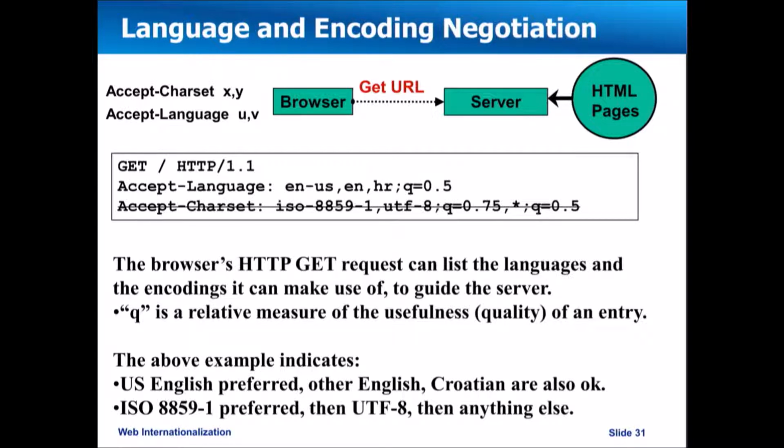That's this Accept-Charset statement, and I've crossed it out because that's not being used anymore, right? It's about 10 years old when people stopped using that. But you may see discussions of it. They both work very similarly. You declare some values along with potentially some quality indicator, and we'll talk about that.